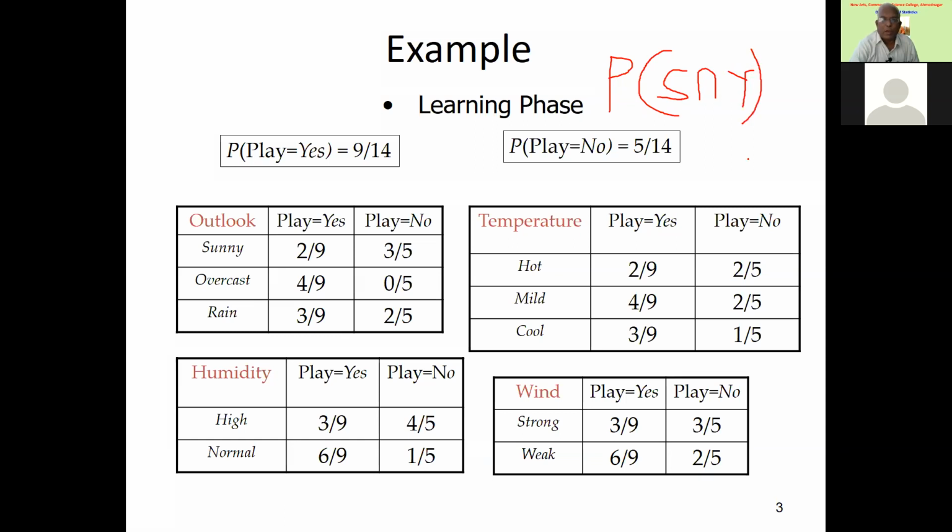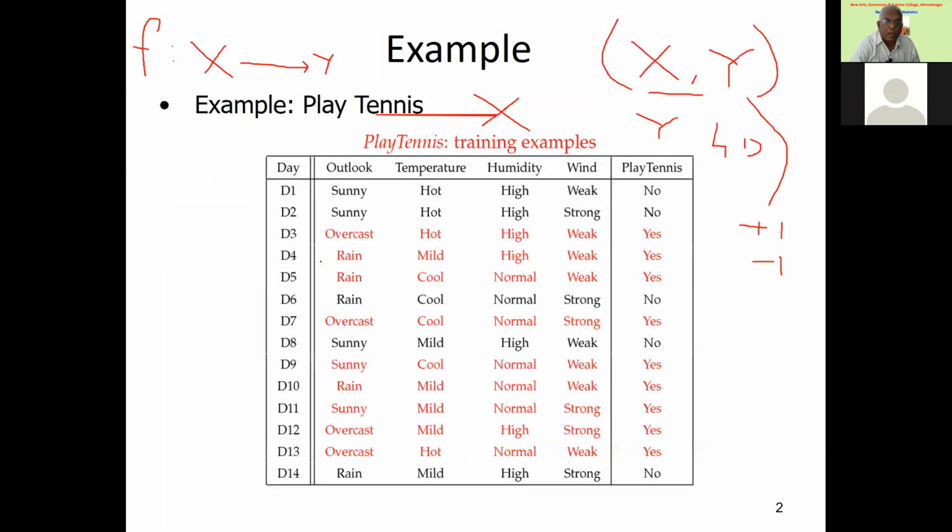Okay. Now, see how many times tennis is played. It is played 9 times. And out of these 9 times, how many days were sunny?